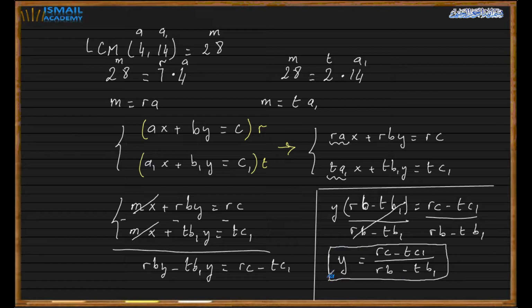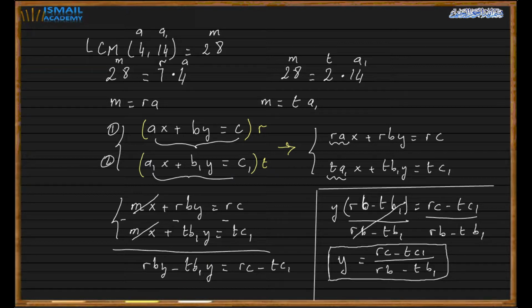After that, I take this y and substitute it in one of those equations, either this equation or this equation. When I substitute y, we will have a two-step equation with x as the variable, so we are going to solve for x.